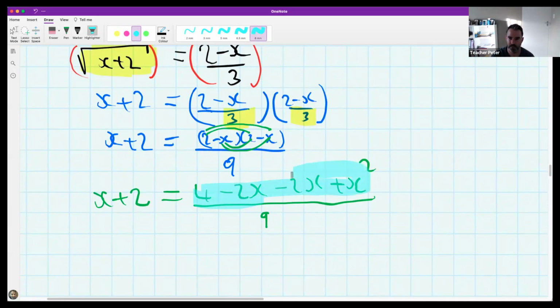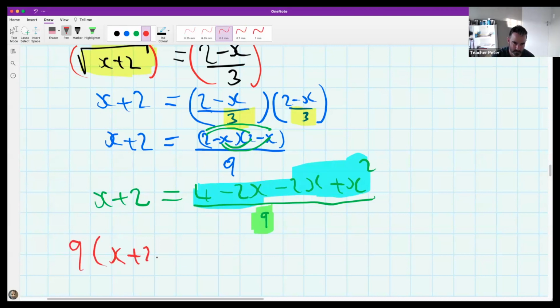That's going to be looking for like terms. But I also have to deal with the 9, and I think I want to deal with the 9 first. So if it's divide on this side, it's going to become times on that side. And then if I rewrite this in standard form, I get that.